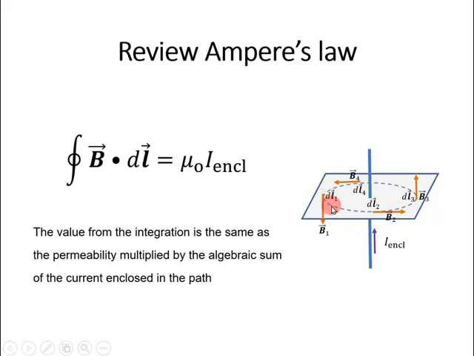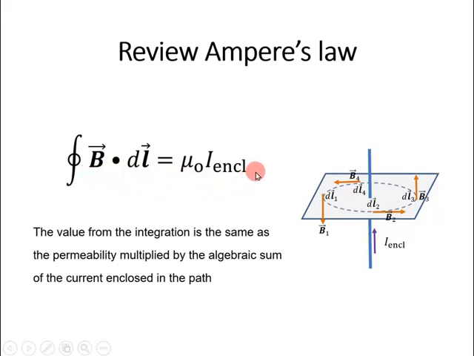We do so for all the small segments of the line and then add them all together, and that should be equal to the current enclosed multiplied by the permeability. That's what we said Ampere's law stated.